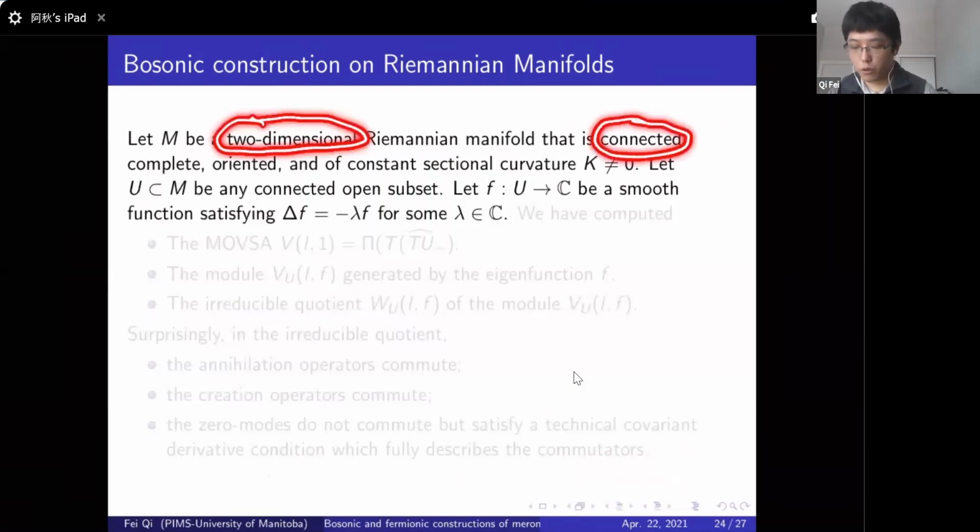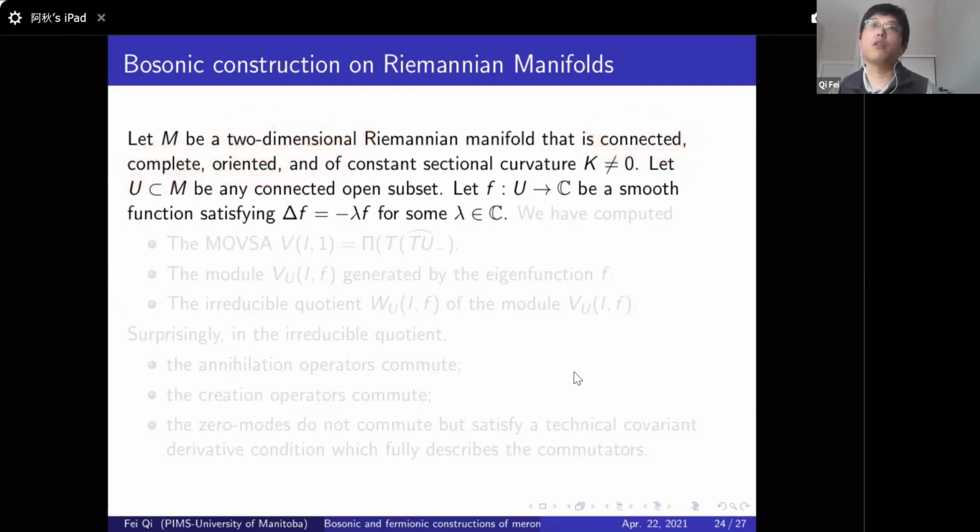We will restrict ourselves to complete and connected manifolds. We also require the Riemannian manifold to be oriented, because in this case invariant theory is quite easy.